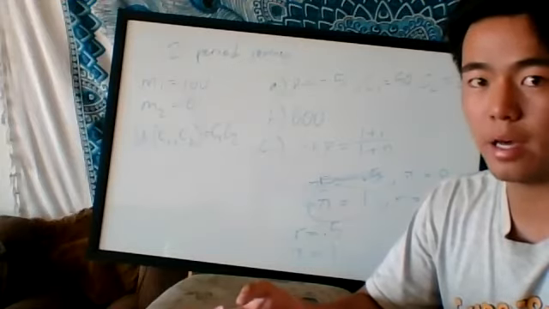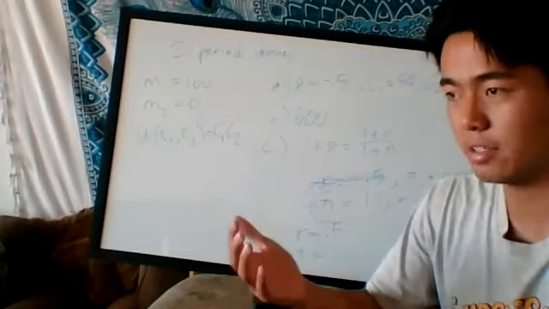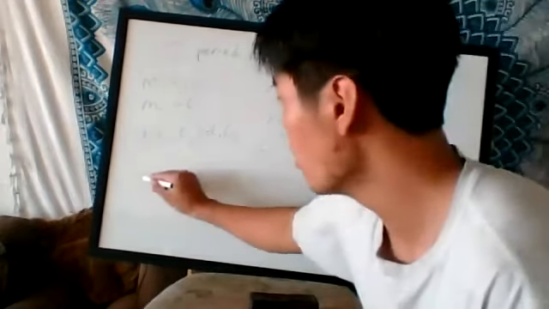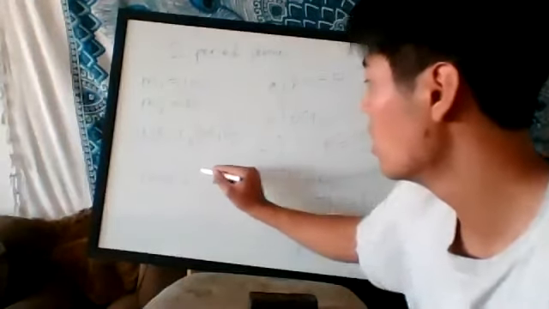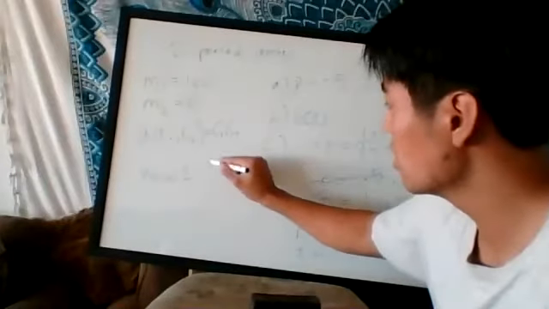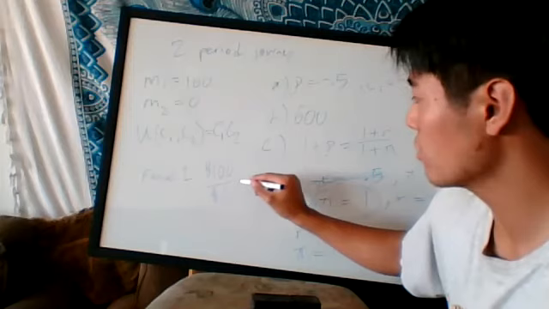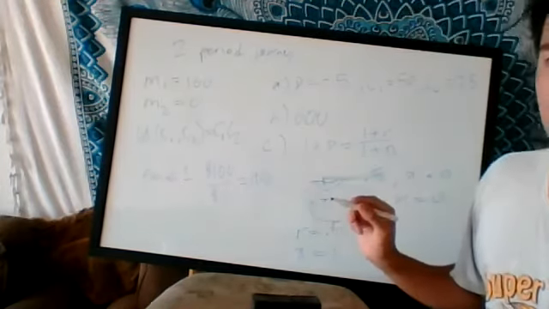And I'm buying gum, and the price of gum is $1, right? So in period 1, my $100 divided by the price of gum, which is $1, can get me 100 units of gum, right?